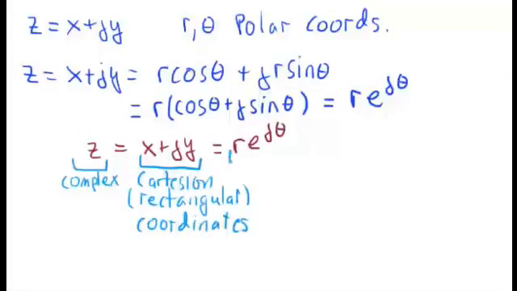And r e to the j theta we'll call polar coordinates or polar form. This is a great formula.